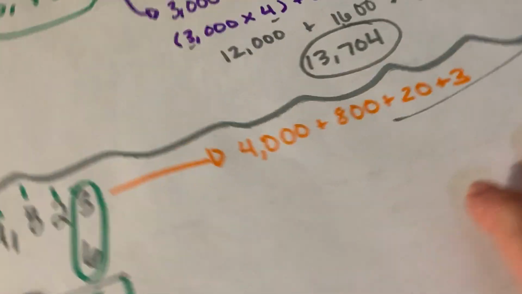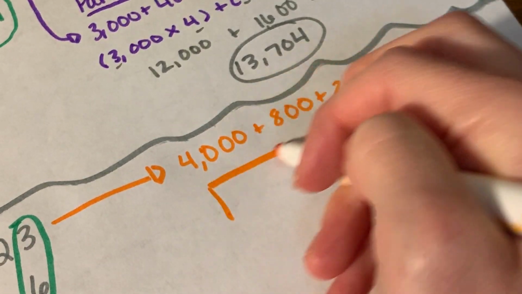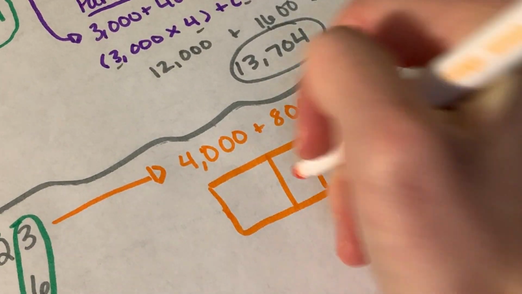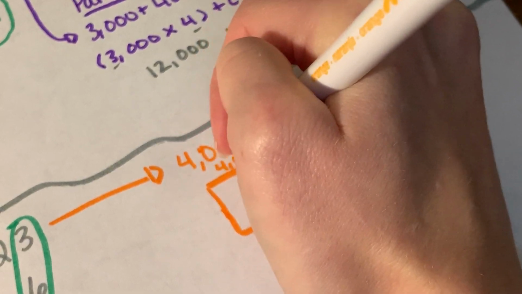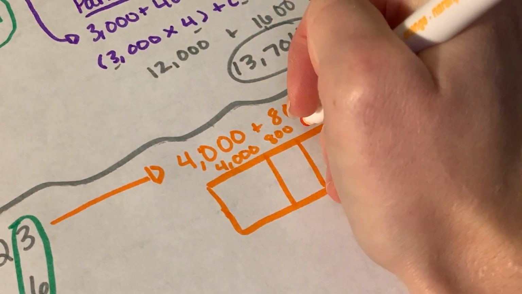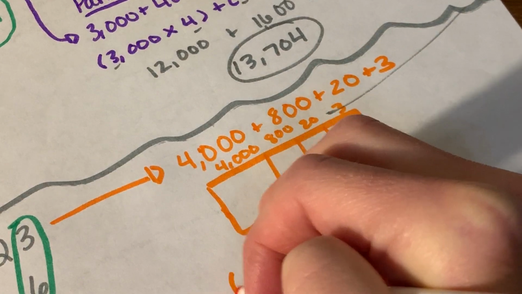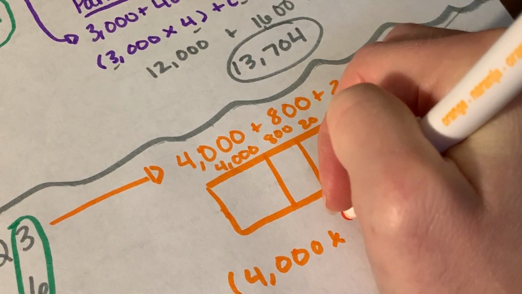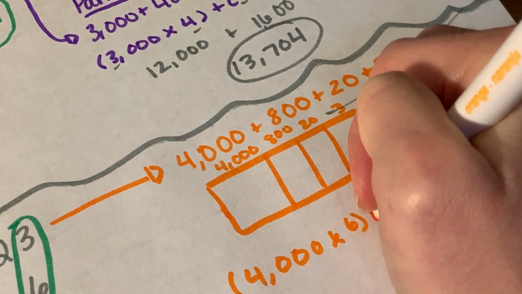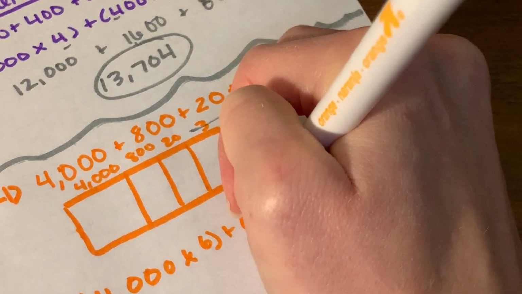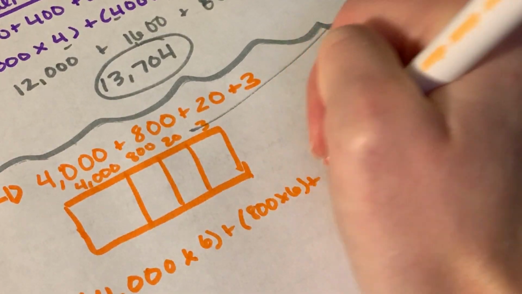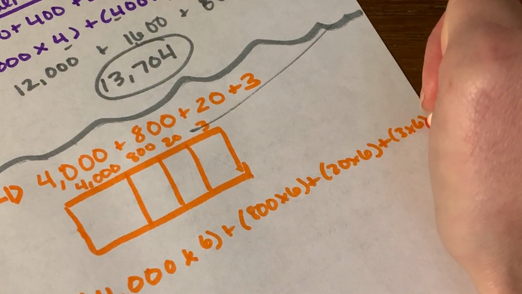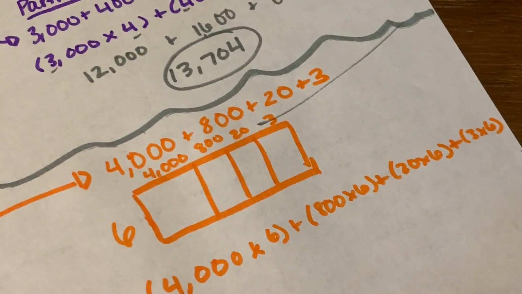I might either be drawing an area model and doing 4,823, or I'm going to be doing 4,000 times 6 plus 800 times 6 plus 20 times 6 plus 3 times 6, okay? And that's times 6 too.